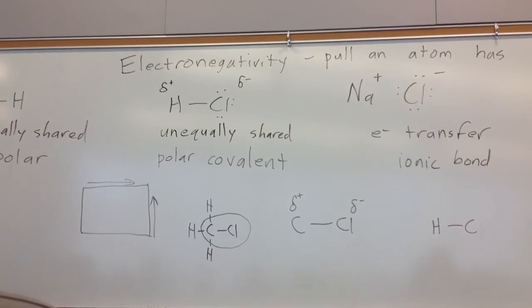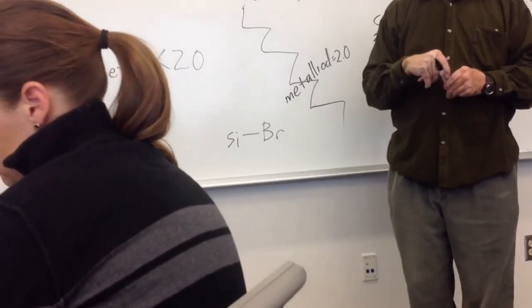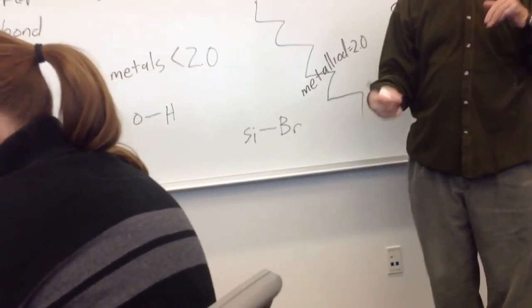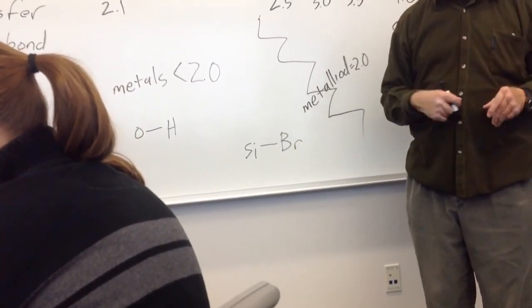I've got a few example bonds here, hydrogen to carbon, oxygen to hydrogen, silicon to bromine. How about if I let you go ahead and label one atom's going to be partial positive, the other atom's going to be partial negative.